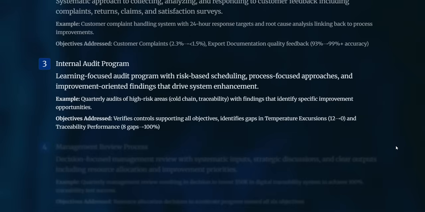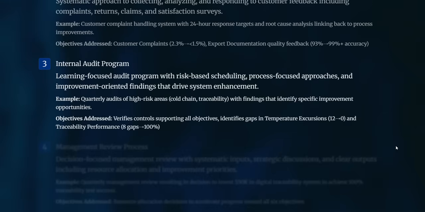The third output will be the internal audit program. The internal audit program must be a learning-focused audit program with risk-based scheduling, process-focused approaches, and improvement-oriented findings that drive system enhancement.